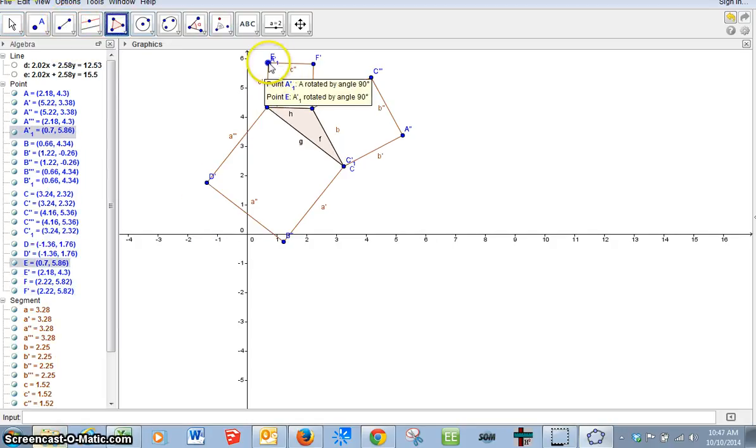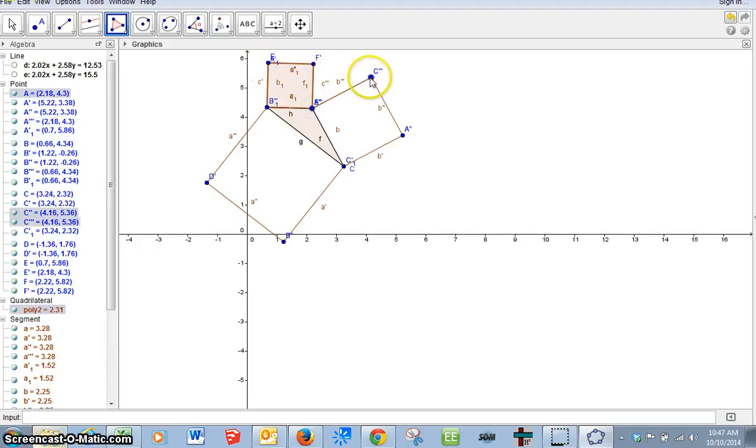And I'm going to go ahead and create those polygons. If I really wanted them to be different colors, we could go to the properties box and change the color. But for now, we have a triangle with squares created on each of the sides.